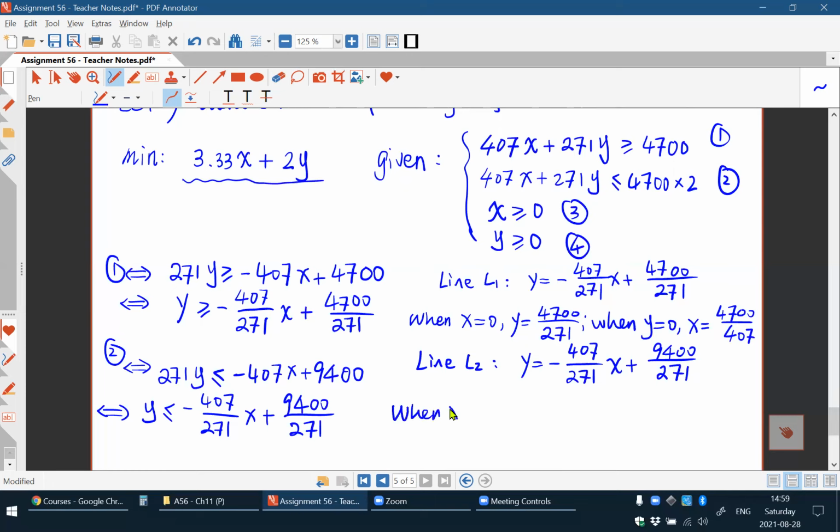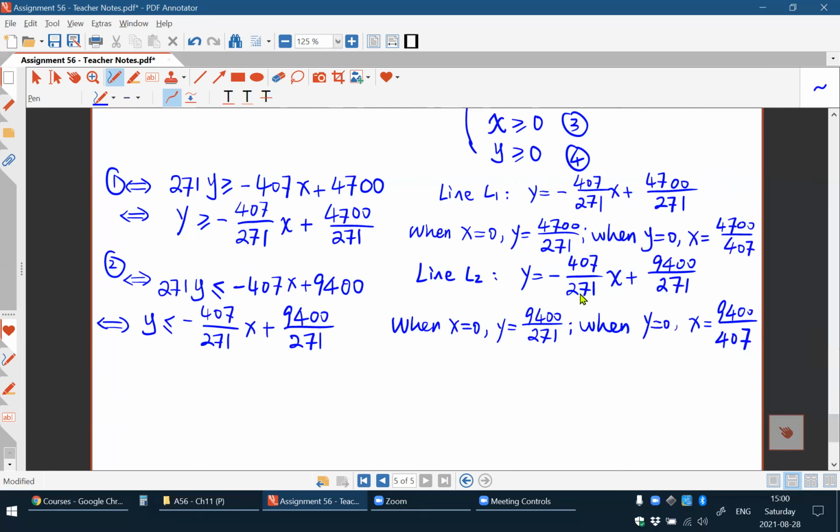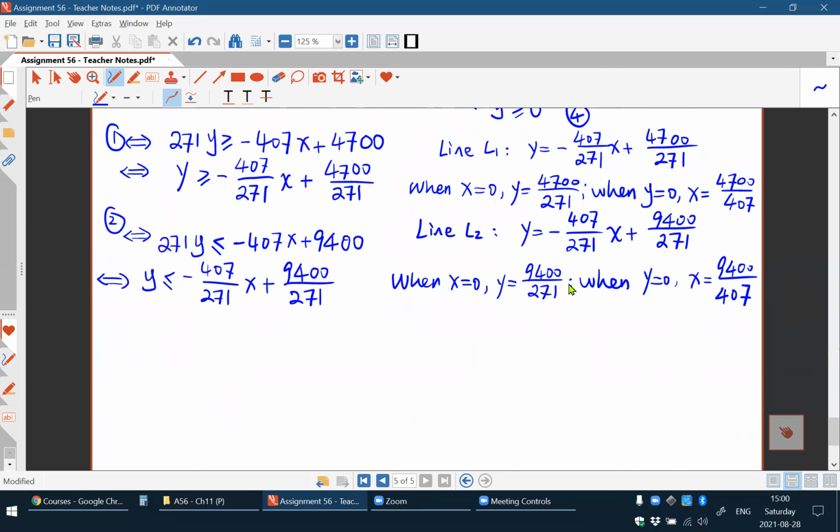So when x is 0, y is 9400 over 271. And when y is 0, x equals 9400 over 407, right? Okay, so the first two constraints have been taken care of.